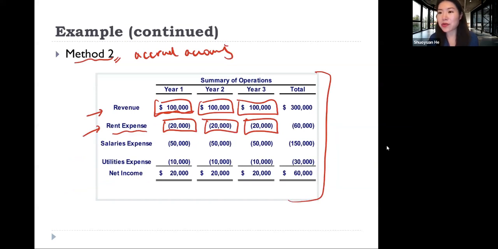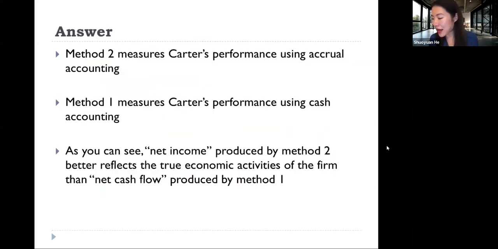Versus here under accrual accounting, the net income is 20,000 each year. So as you can see, the net income produced by method 2, which is under accrual accounting, better reflects the true economic activity of the firm than the net cash flow produced by method 1.